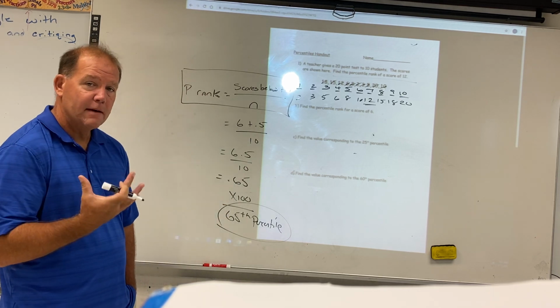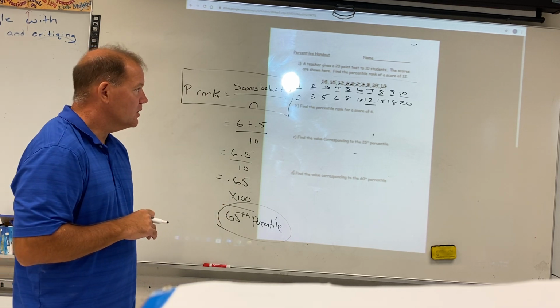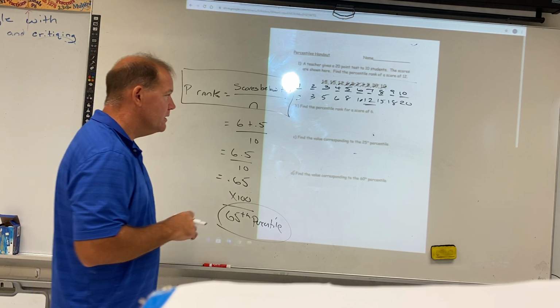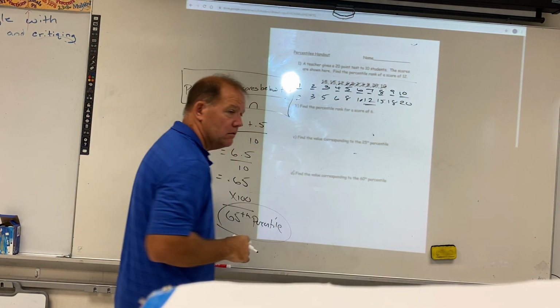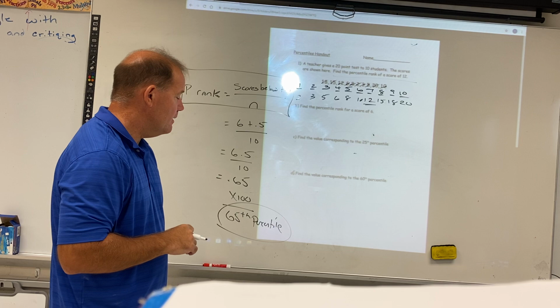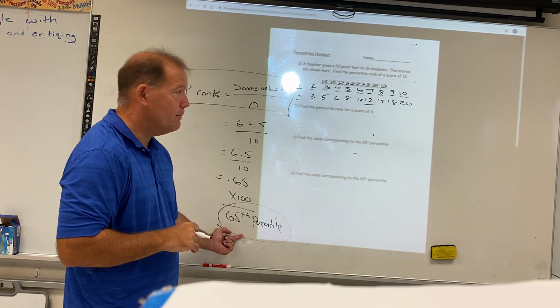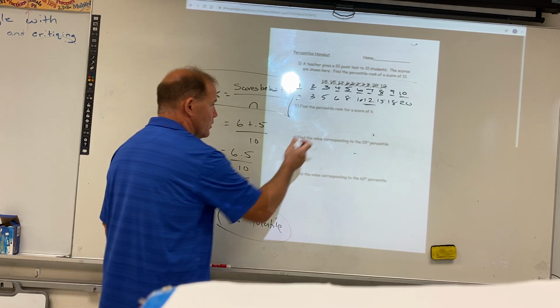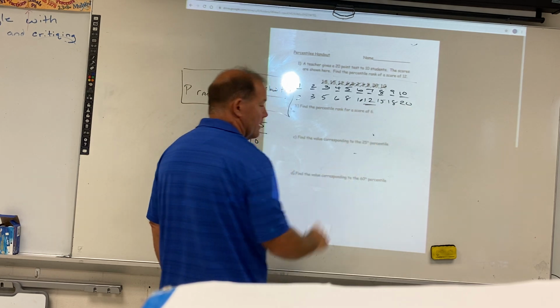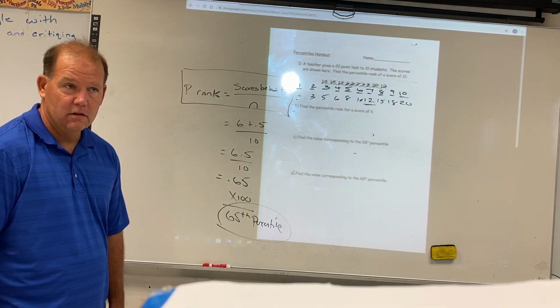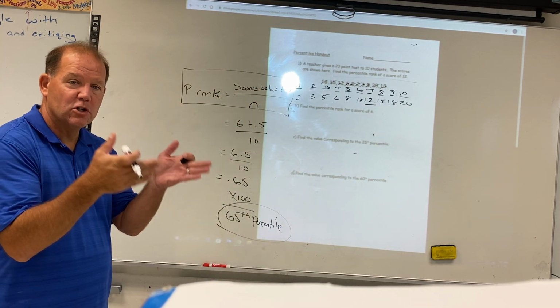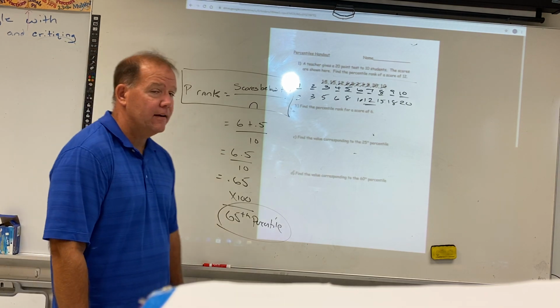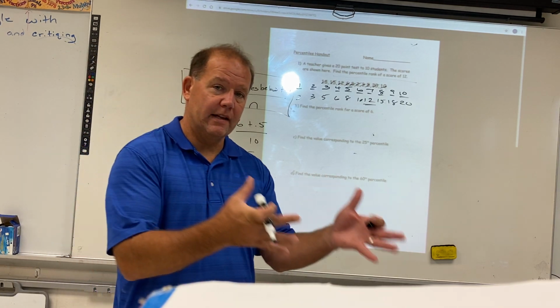Thinking about what that means, a score of 12, which is more in the higher end of the scores, it makes sense that 65% of the population is going to do worse than that, and only 35% is going to do better than that score. So it gives you a measure of position, and that's what we're talking about today, measures of position, percentiles, quartiles.